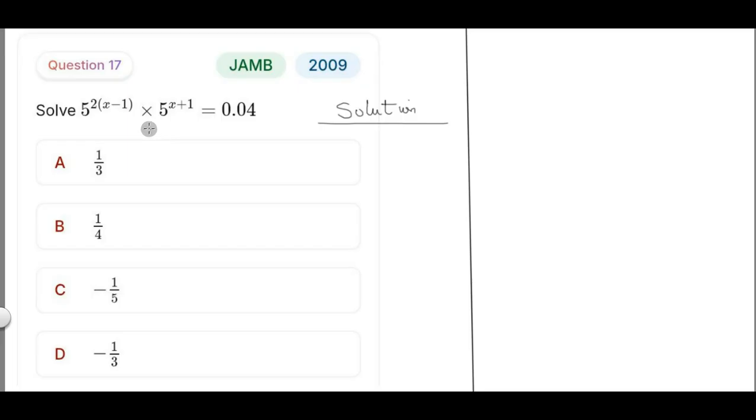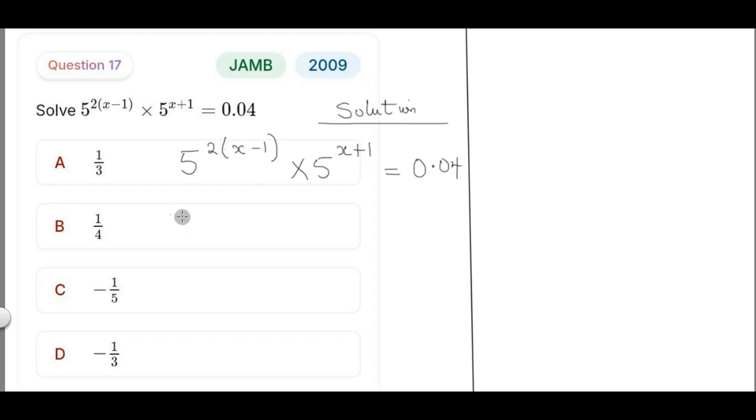So the question I was given here is to solve 5 raised to the power of 2(x minus 1) times 5 raised to the power of x plus 1 equal to 0.04. Alright, so here I'm going to open up this bracket.